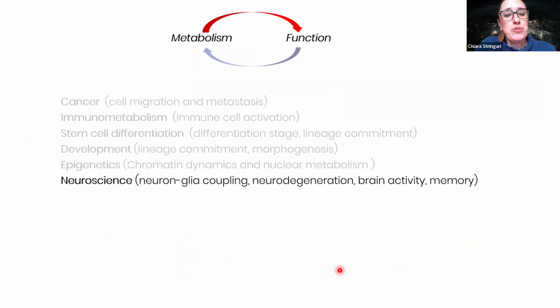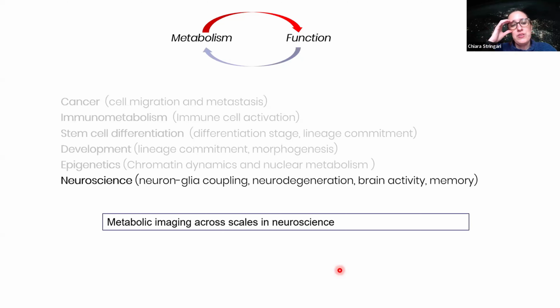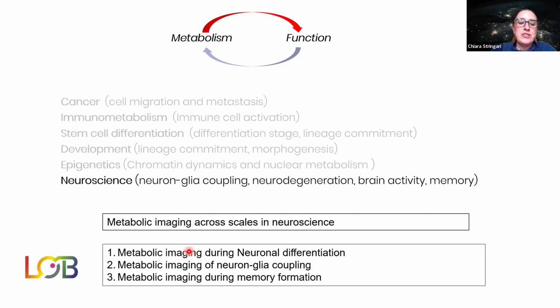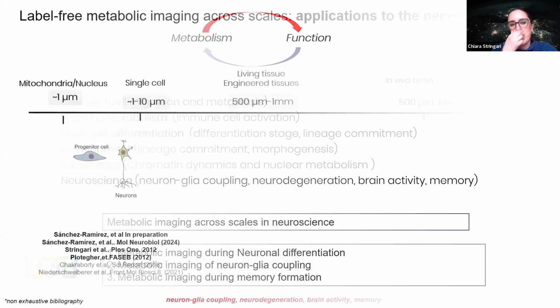Now I want to give you an overview of some other applications of metabolic imaging and NADH FLIM in neuroscience. In particular, I want to give you an idea of what can be done across scales, and three applications that we have been working on here at the LOB: neuronal differentiation, neuroglia coupling, and memory formation.